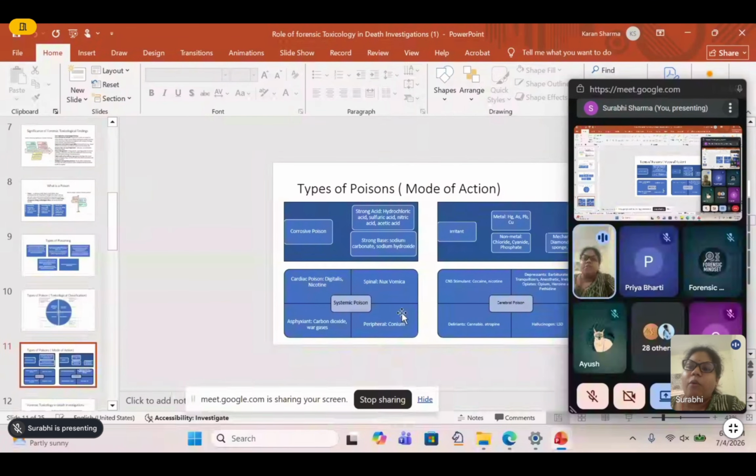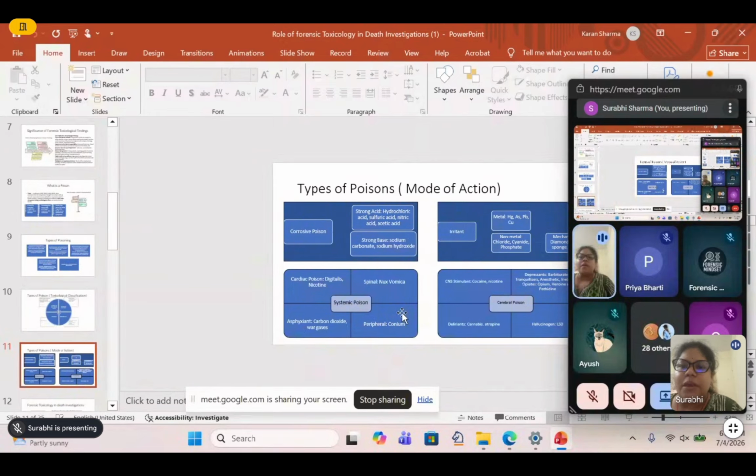Then we have systemic poison. In systemic poison, we study the poisons depending upon their effect on a particular system. Like cardiac poisons are the poisons which affect our cardiac system, which can cause a heart attack to a person, which can cause our heart to stop, which can cause arteries blockage. Those are cardiac poisons, in which we have digitalis and nicotine. Spinal poisons are the poisons which affect our brain.